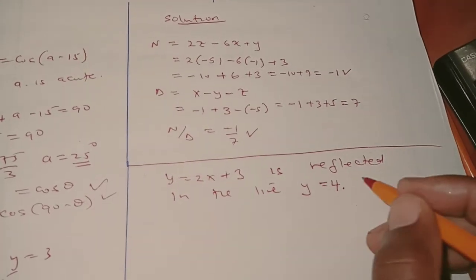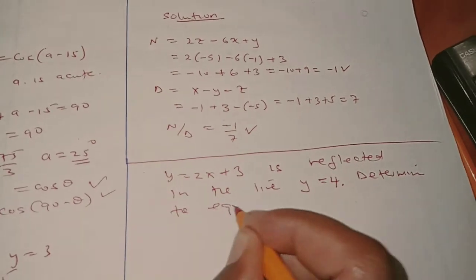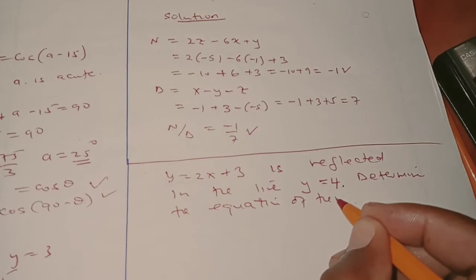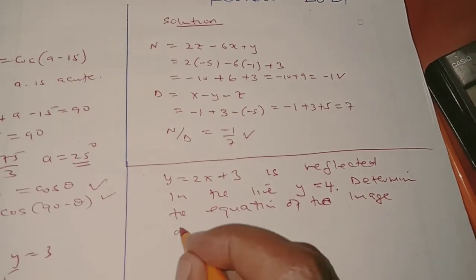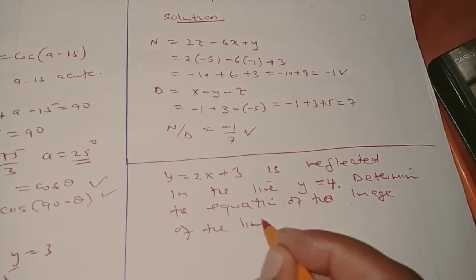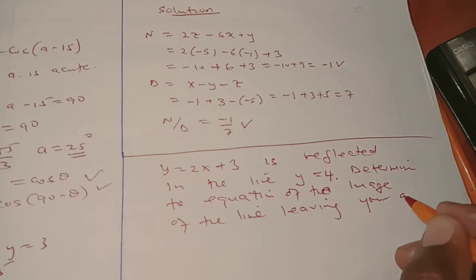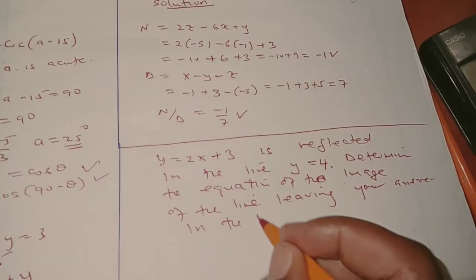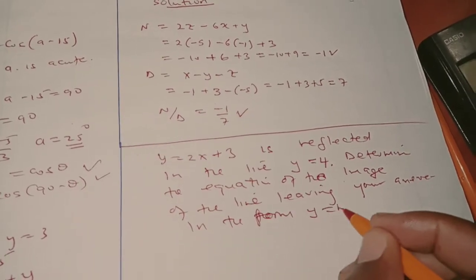Then you determine the equation of the image of the line, and you leave your answer in the form y = mx + c.